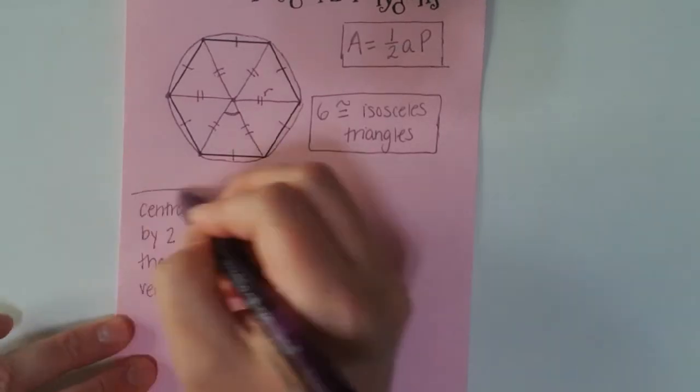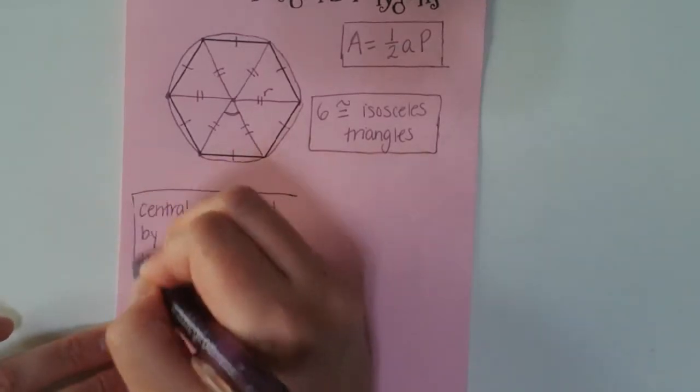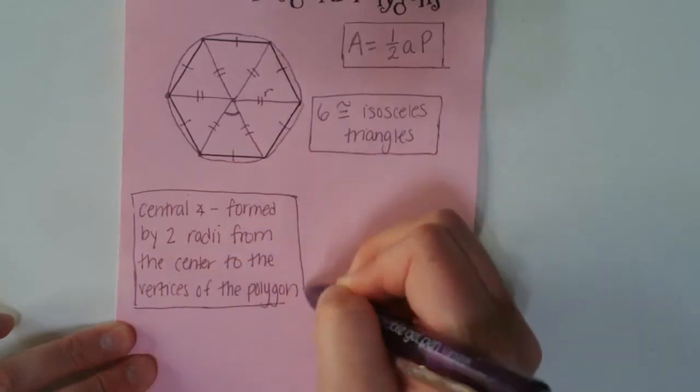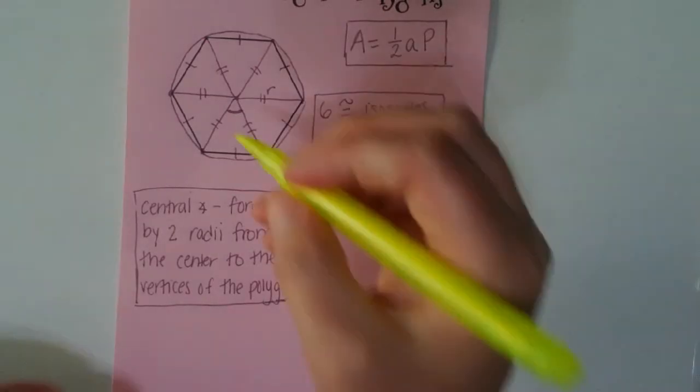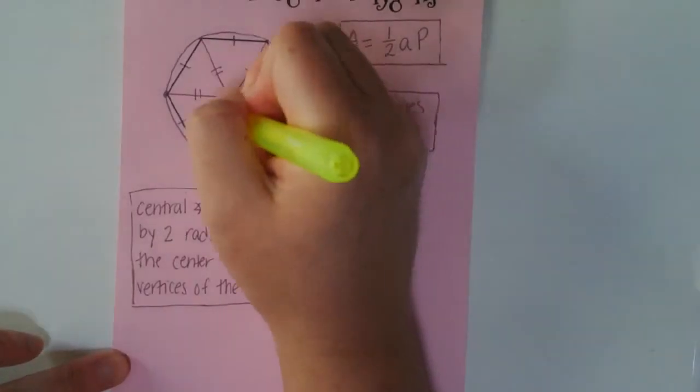So central angle, formed by 2 radii from the center to the vertices of the polygon. So right here is your central angle.